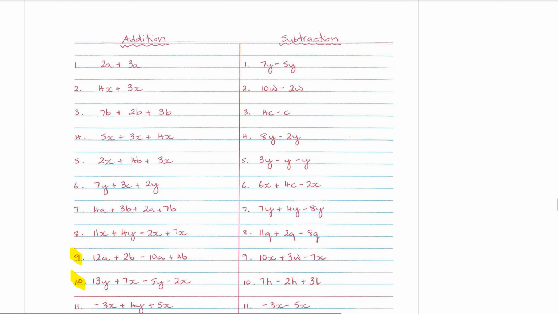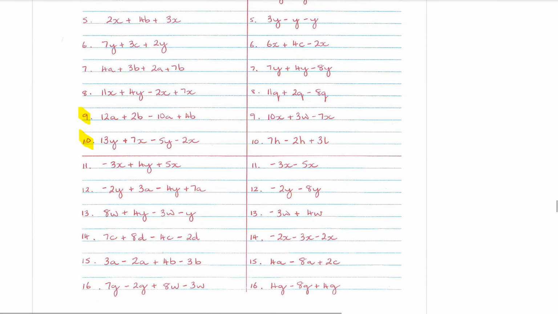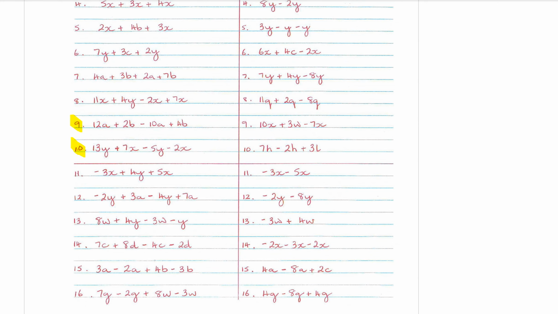All right, so on to the next page. You want to do some addition and subtraction. Remember that you can only add and subtract when you have like terms, meaning that you have the same letters. So for example, we have 12a and minus 10a. Remember to take the sign in front when you do this.